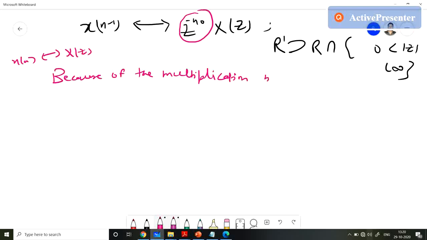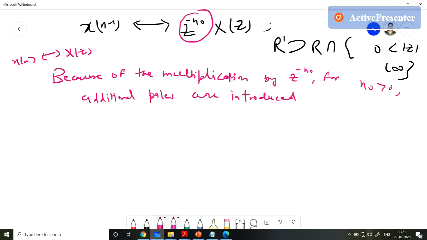Because of the multiplication by z raised to the power minus n0, for n0 greater than 0, additional poles are introduced at z equals 0 and will be deleted at z equals infinity.